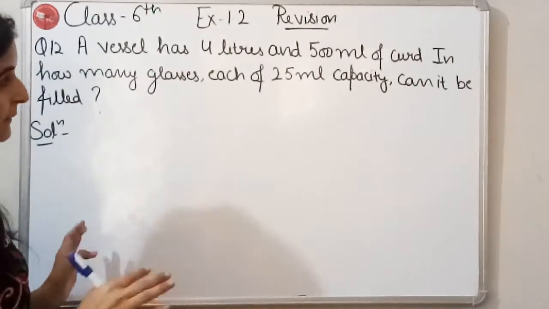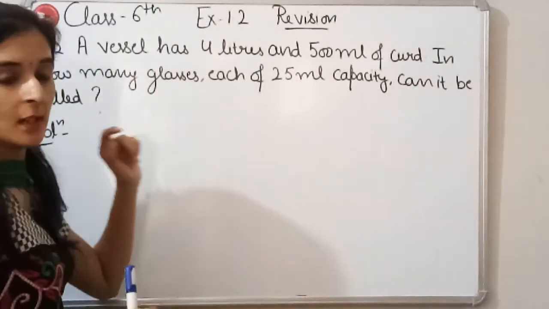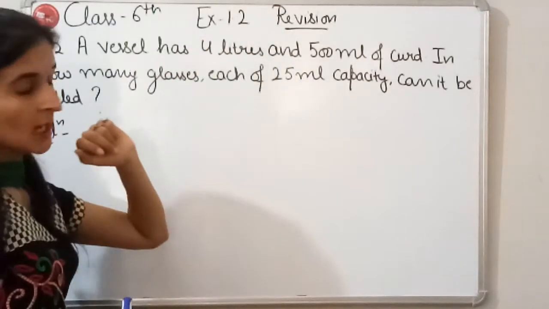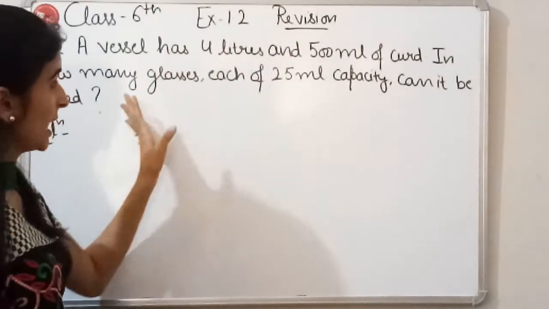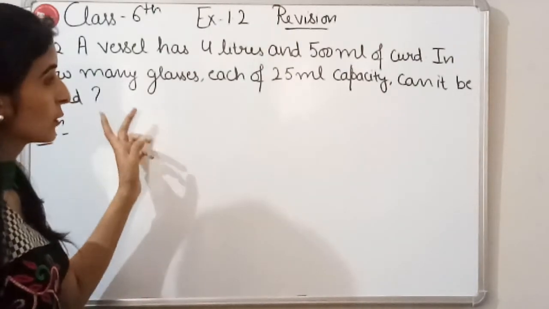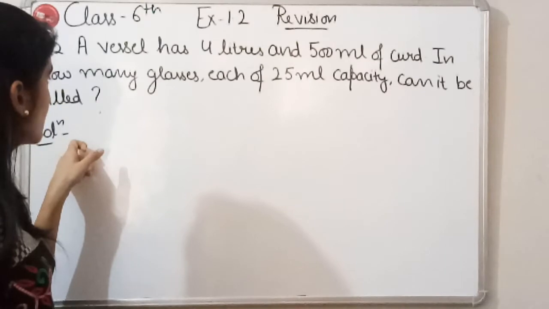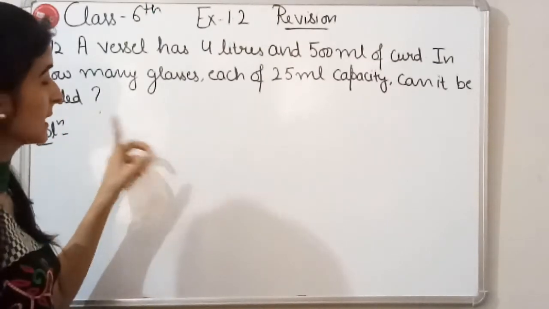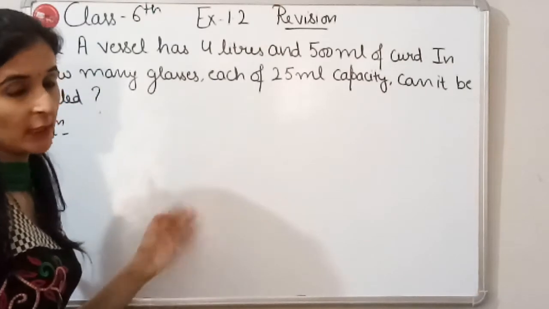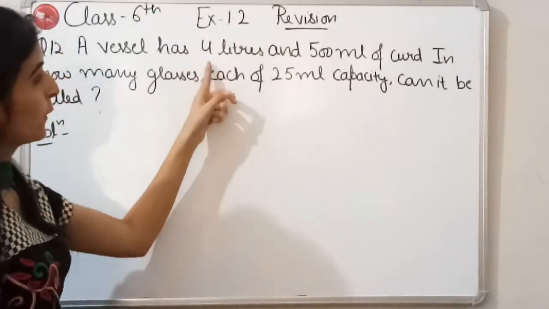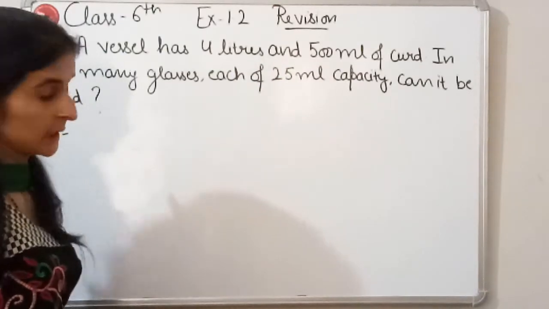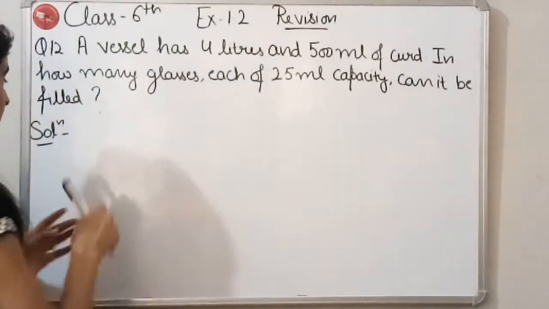So we have given the capacity of the vessel, that is 4 liters 500 milliliters, and we have given the capacity of 1 glass. Then we have to find out the number of glasses that can be filled. So it is the same as question number 10. Again we have to divide 4 liter 500 milliliter by 25 milliliter. So let us start finding the solution.